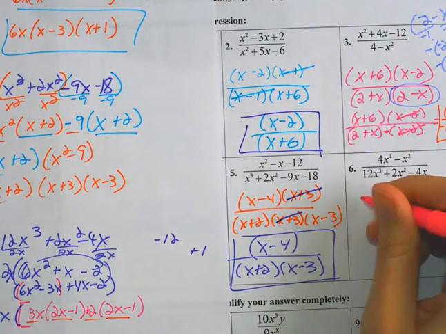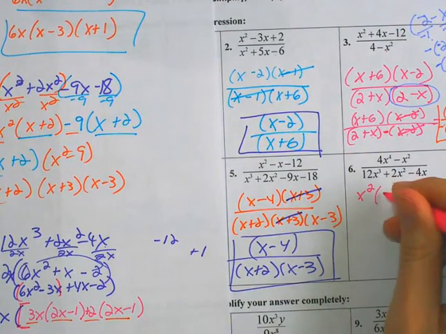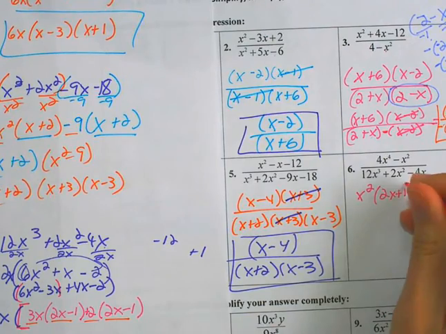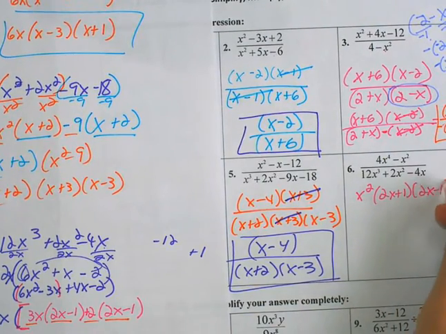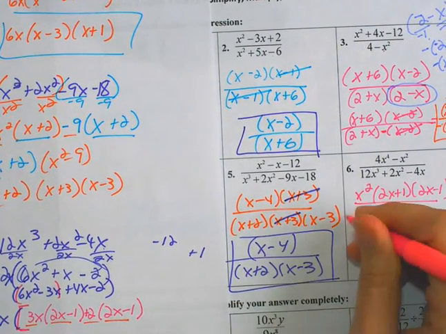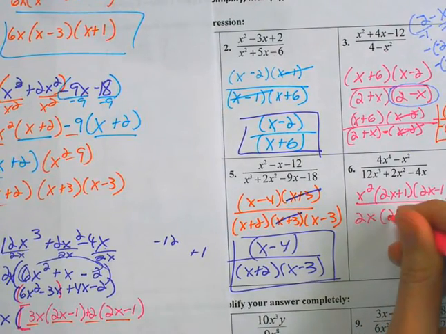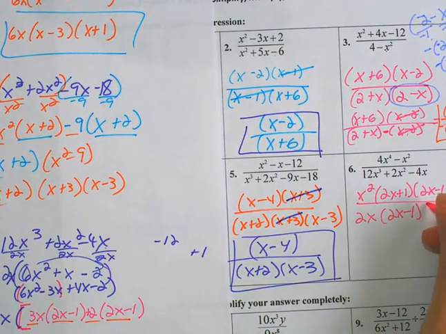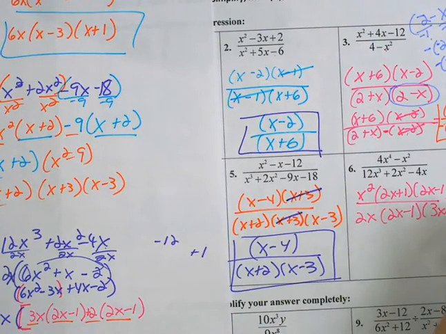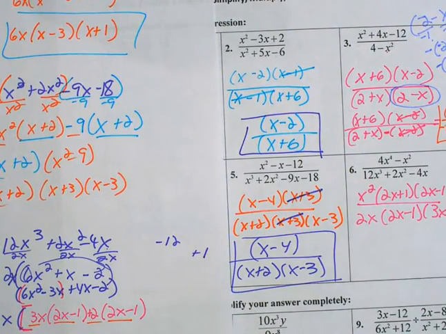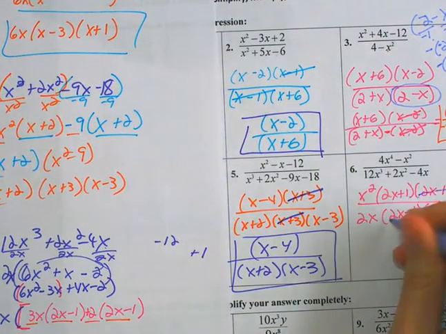So I had x squared times 2x plus 1, 2x minus 1, all over 2x, 2x minus 1 times 3x plus 2. All right, see what we could cancel out. I could cancel this and this out.